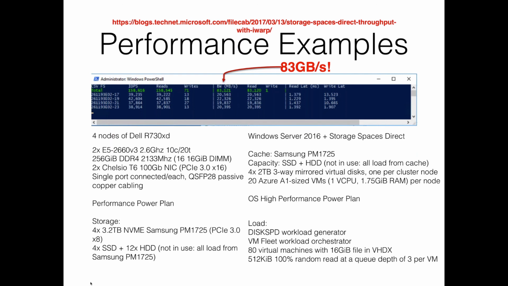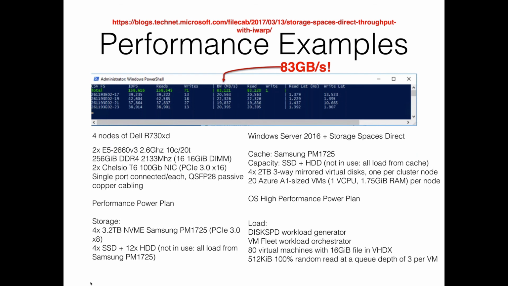What we've done here is we paired up Chelsio's T6 100 gigabit NICs, 2 per node, so 16 lanes of PCIe 3.0 each NIC, with 4 of Samsung's PM1725 NVMe devices, which are x8 devices. So 32 lanes of NICs, 100 gigabits, and 32 lanes of NVMe storage.